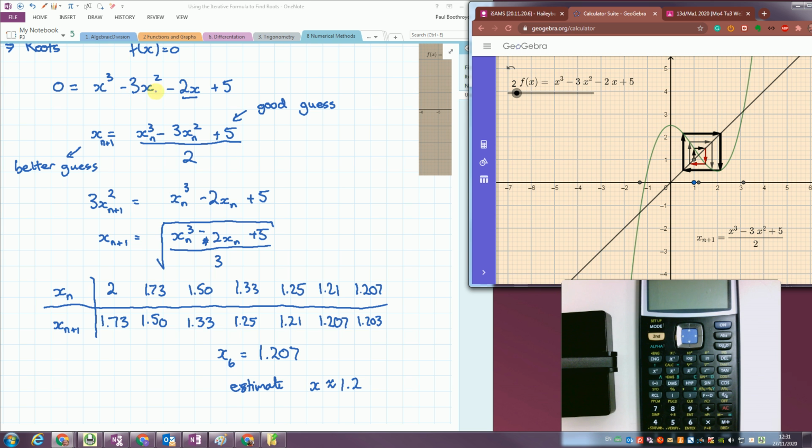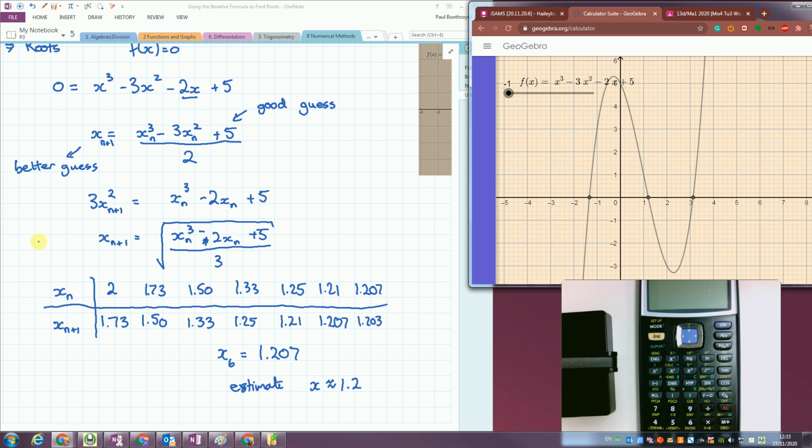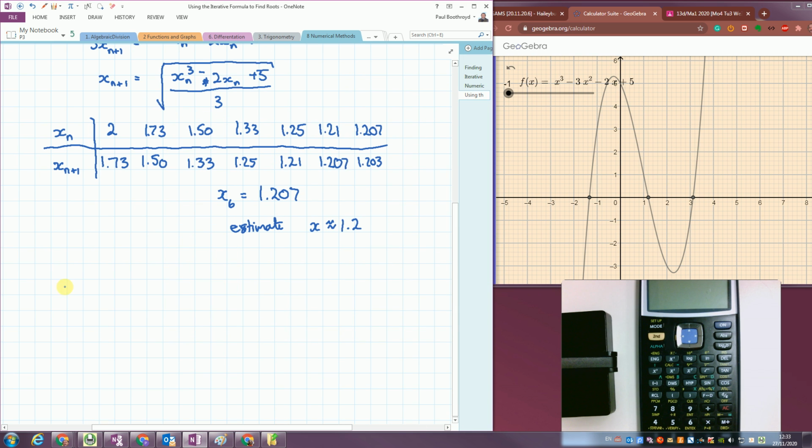We can do the rearrangement for the cube, so we're going to do the cube root of 3x squared plus 2x minus 5. So we need to rearrange that to give us our third iterative formula, taking the x cubed. See what happens with this one.